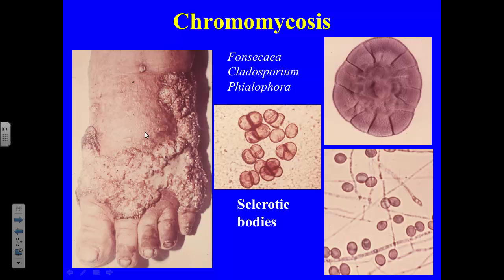Now, these fungi all produce these spores that can usually be observed in these fungal infections. They're called sclerotic bodies, but they are round spores, possibly sexual spores. This almost looks like an ascus. And if you were to grow this and look in the microscope, you would see hyphae with spores.